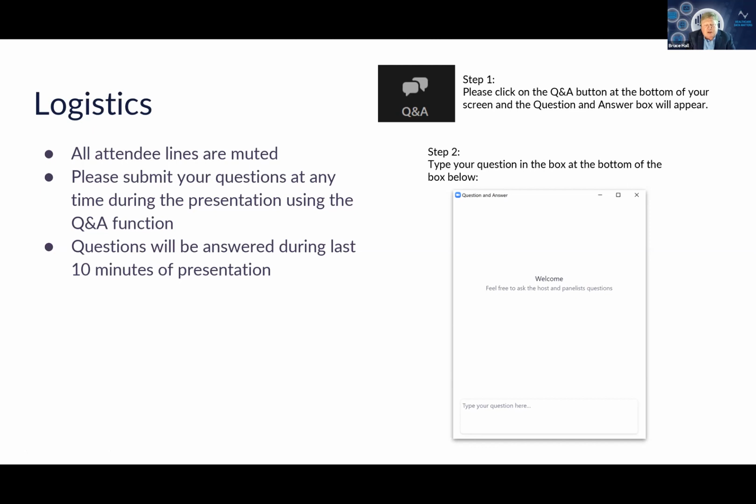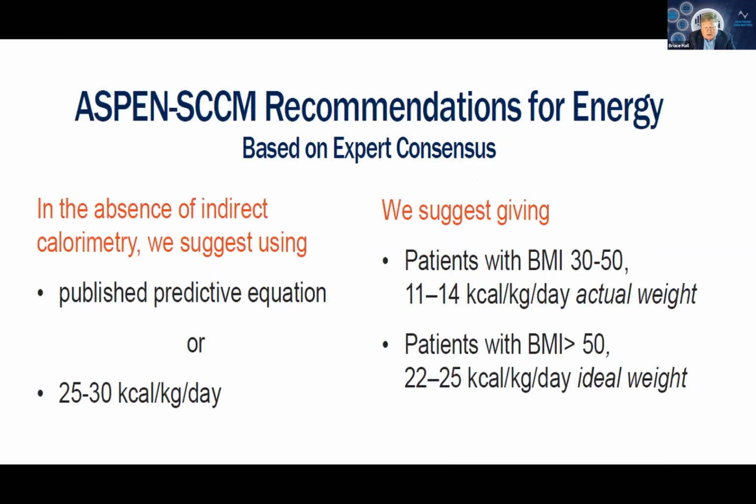And first off, Trish, can you tell us a little bit about energy expenditure, why it matters, and the current recommended method for calculating it? Yes, Bruce. So these patients that are critically ill are not able to eat on their own. They're on the ventilator. And so we're feeding them with an infusion, either enteral or parenteral. So knowing the actual caloric needs of the patients is really important because, well, nutrition is important and it can affect their outcomes.